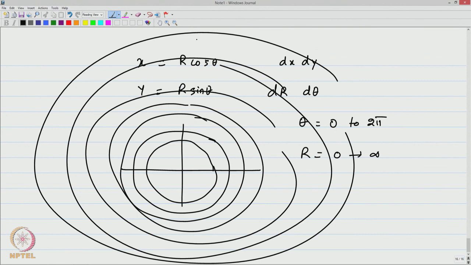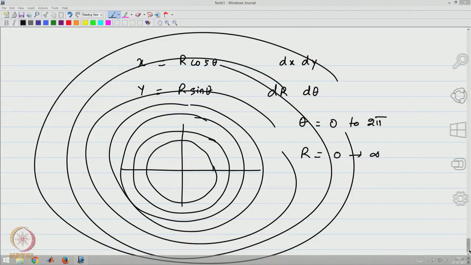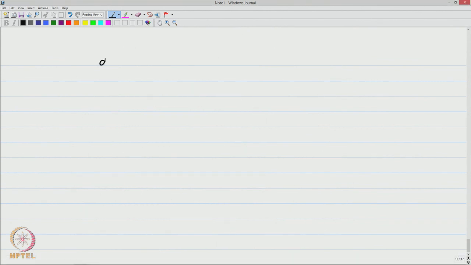All of them. Okay. Therefore, the integration using polar coordinates is equivalent to the integration using Cartesian coordinates. So, dx dy is replaced by dr d theta, except that there is a small element here called the Jacobian, which tells you how to weight these small elements carefully.